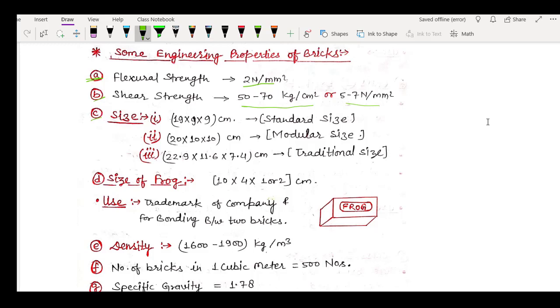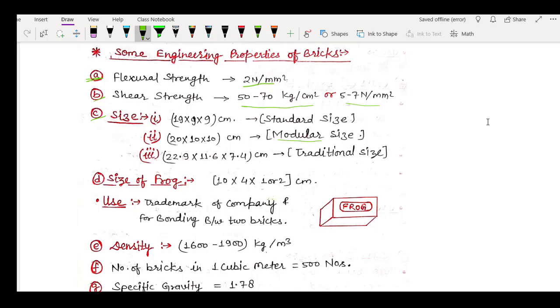Size, as I've already told you in the previous lecture, there are generally two sizes, and another one is the traditional size. The standard size is 19 into 9 into 9 centimeter. This is the size when you take a brick in your hand. Another one is modular size. The modular size is when you place the brick in the masonry or in the formation of wall.